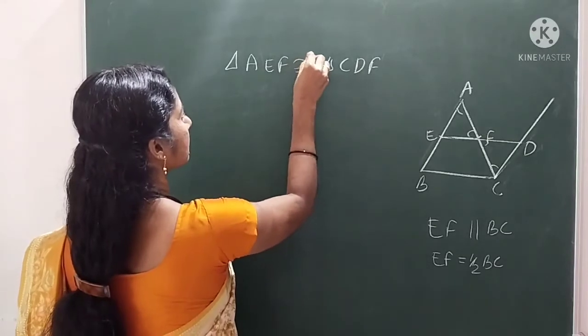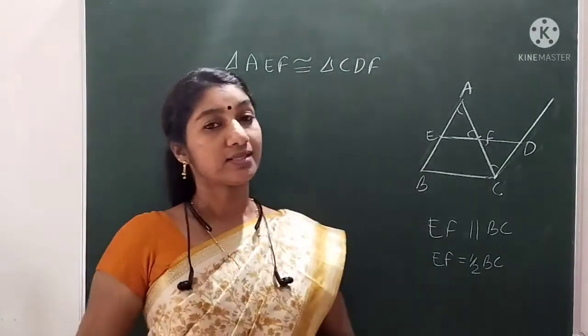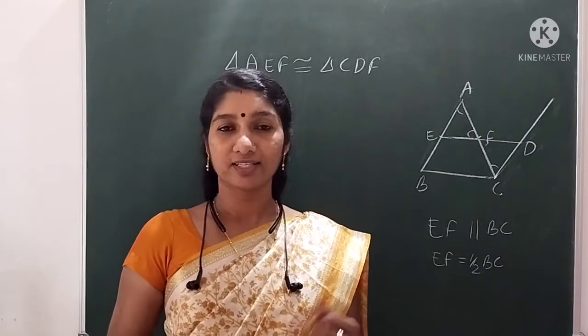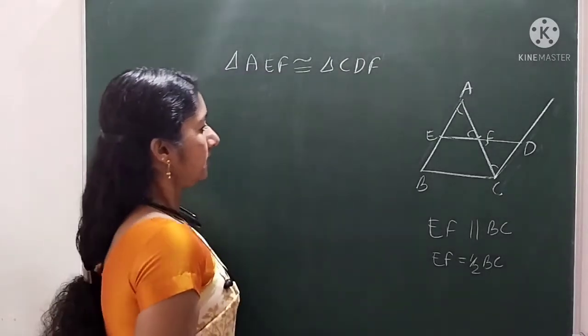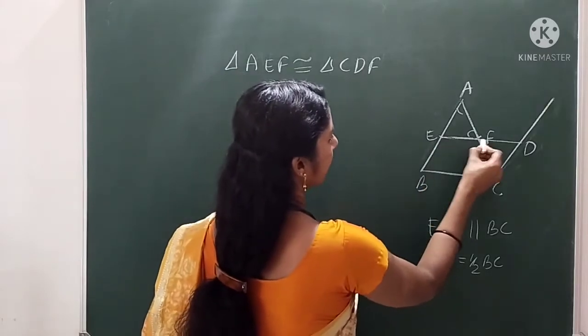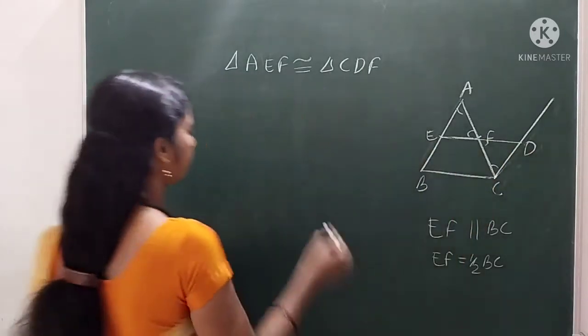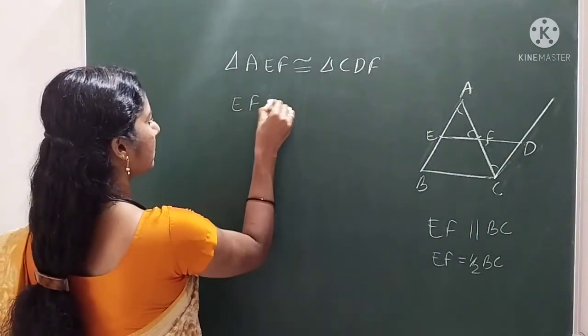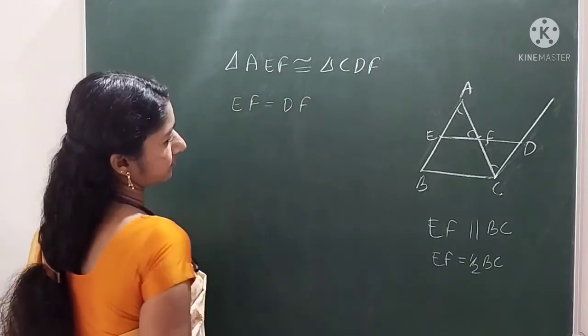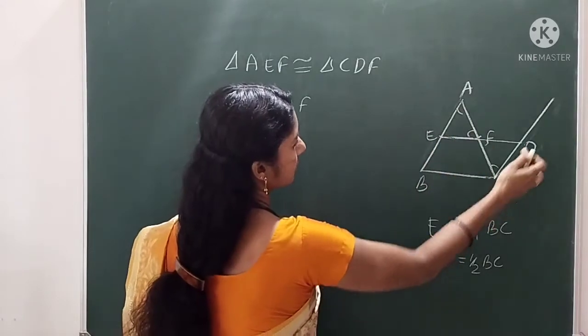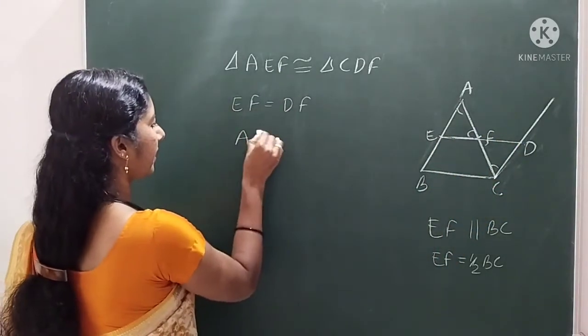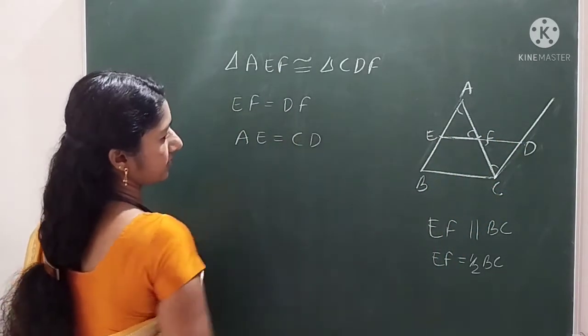Since the two triangles are congruent, their corresponding angles are equal, corresponding sides are equal. So we can say EF is equal to DF. Also we can say AE is equal to CD.